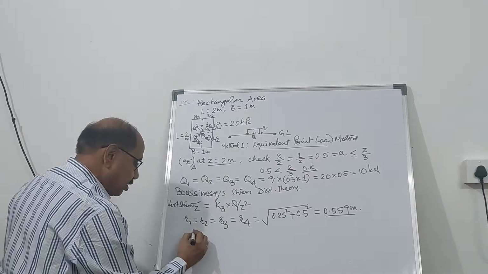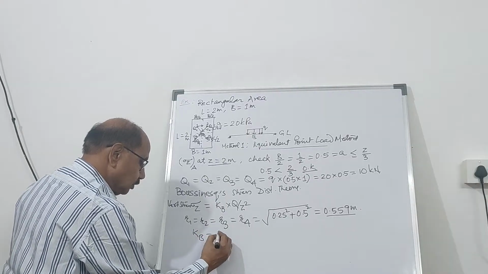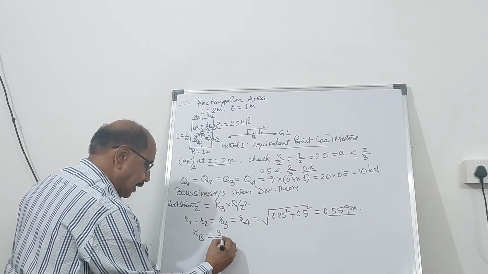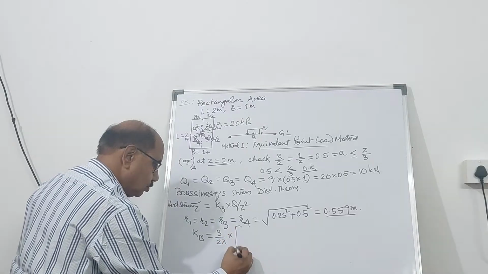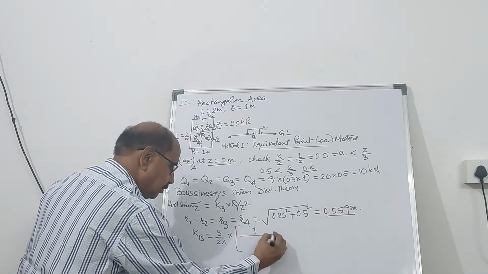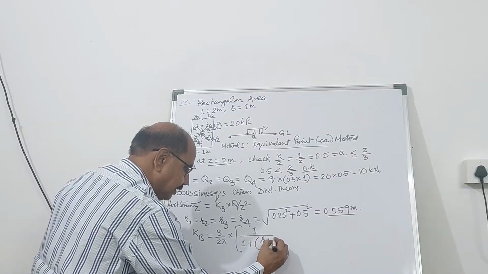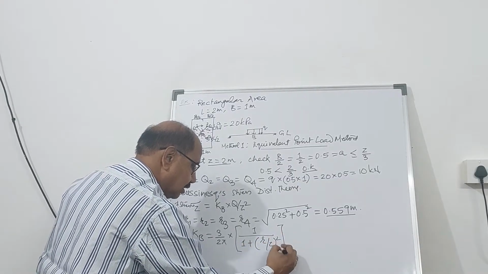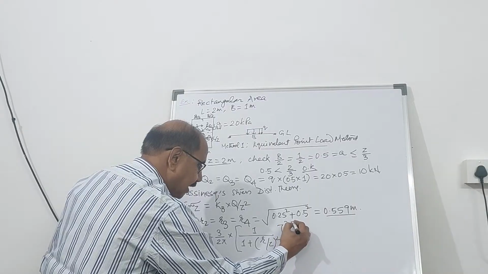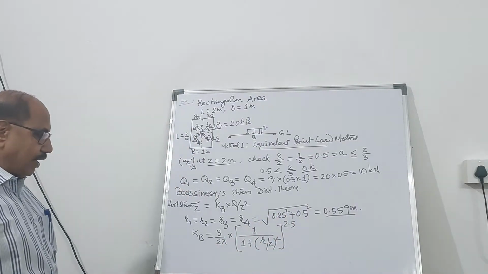Now having got this, you can find out the value of Kb also. So Kb depends upon 3 divided by 2 pi, as you know, into 1 divided by 1 plus r by z whole square raised to power 5 by 2, or 2.5.